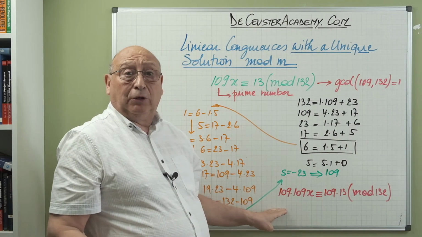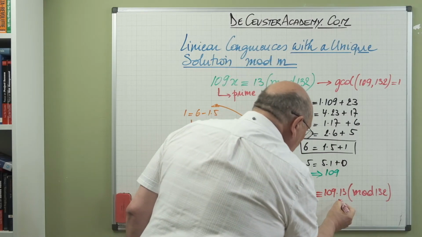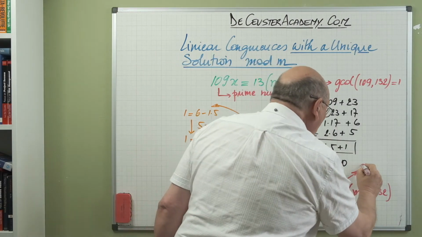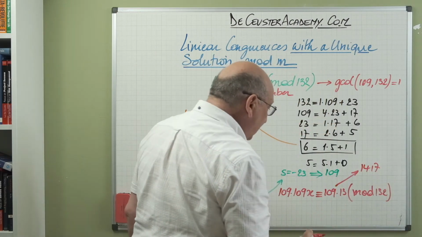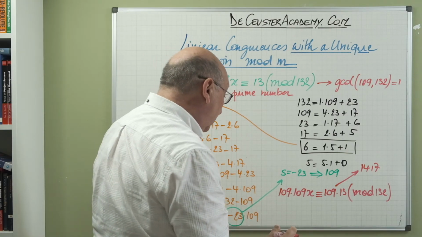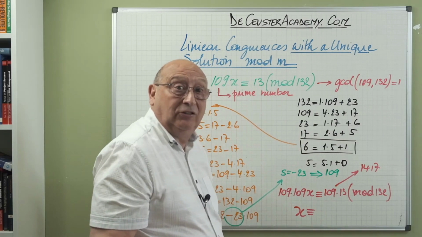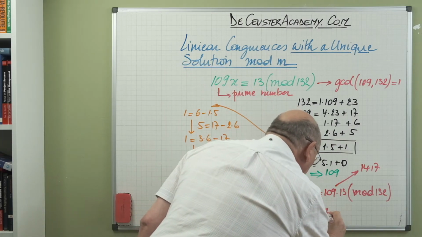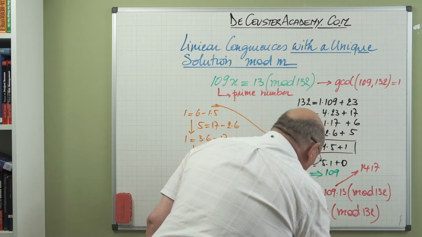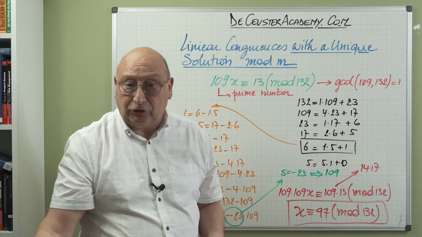This side is equal to 1, and we know 109 times 13 is 1417. When we look at all of that modulus 132, I can say that x is congruent with 97 modulus 132, which is the solution for this linear congruence.